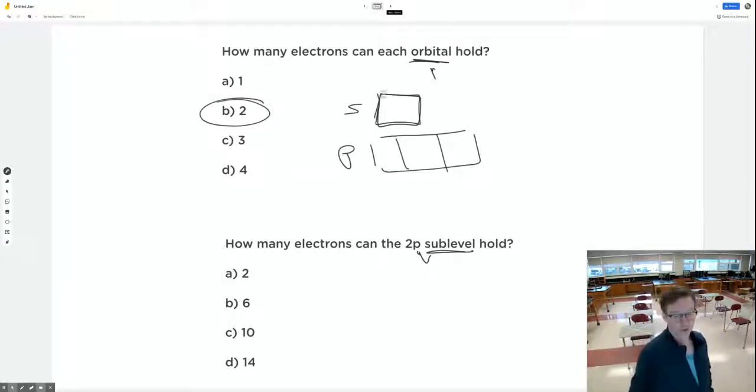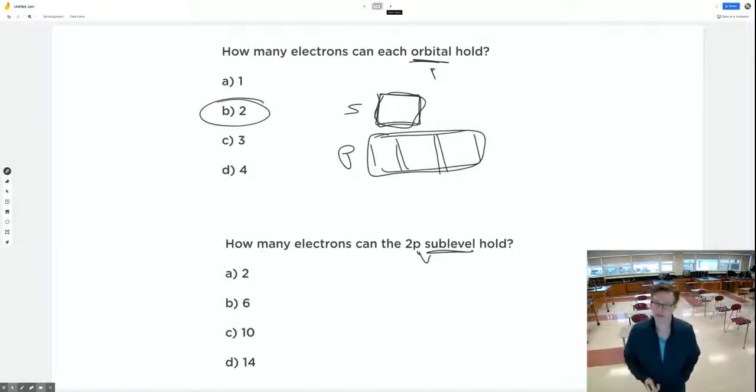You've got a studio apartment with only 1 room, can hold 2 electrons. Well, the premium here has 3 rooms. Each room can still only hold 2 electrons. That's the most important thing to remember here. Orbital means 2 electrons. Sublevels, which is what the letters represent, can have more than 1 orbital. That's how you get multiple different electrons.